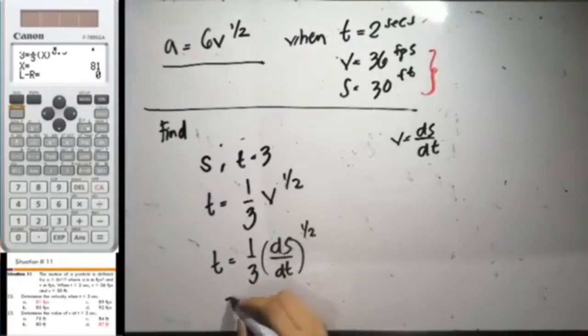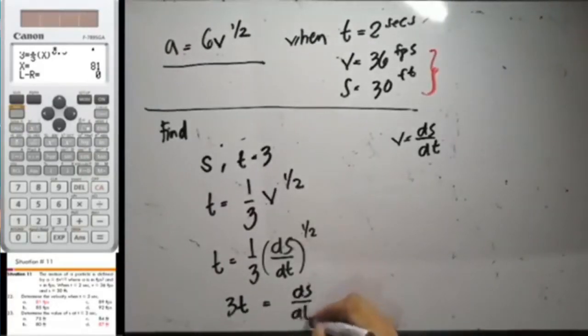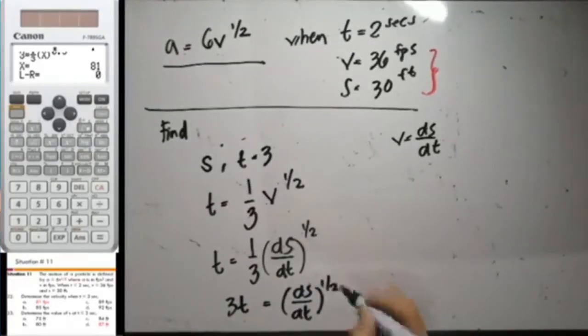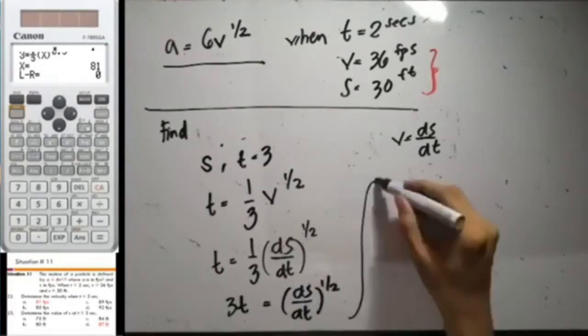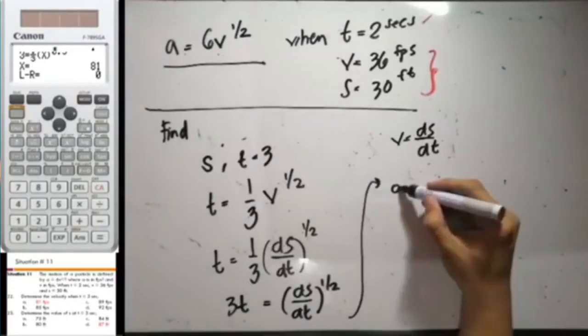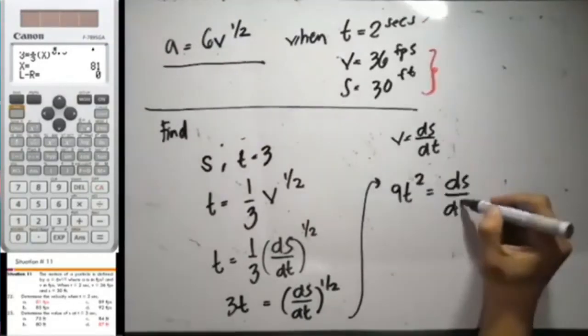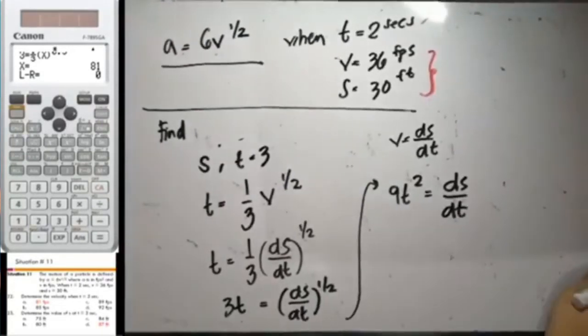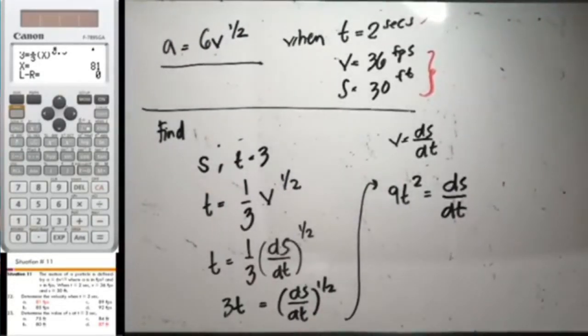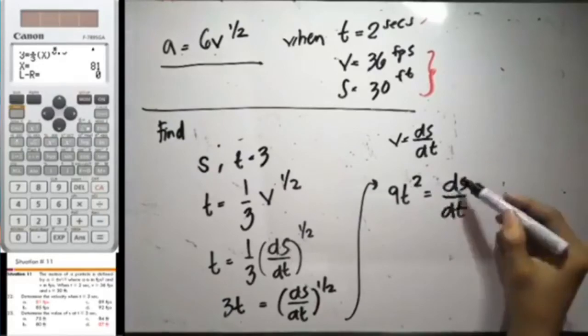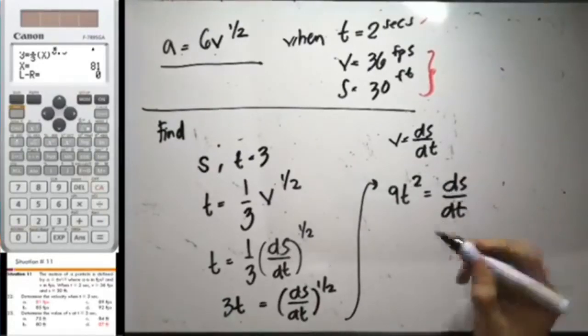So, pwedeng 3t equals ds over dt raised to 1/2. Tapos, square both sides. Okay? Then 9t squared equals ds over dt. Okay? Then, ayun. Lipat natin ito sa kabila para ma-integrate natin yung ds.